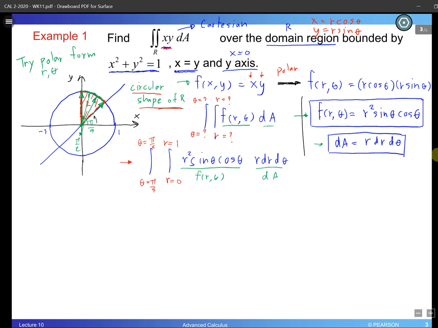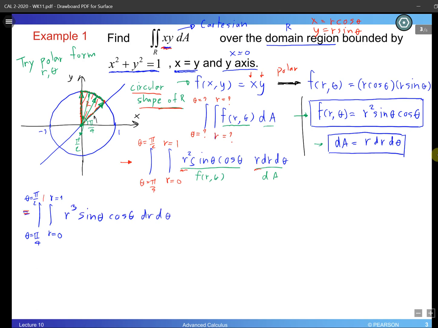It's going to be equal to the double integral of r from the inner radius 0 to the outer radius 1, and angles start at 45 degrees, pi over 4, and end on the y-axis, theta equal to pi over 2. Combining all these terms, r squared and r combine to r cubed. So I have r cubed, and we have sine theta cosine theta, dr d theta, and we are going to perform the integration with respect to r first.